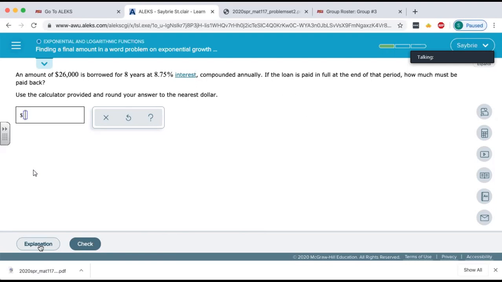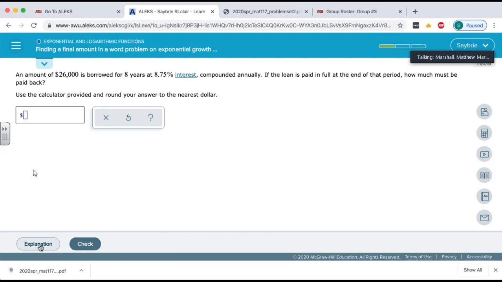So maybe you don't change that to a decimal. Maybe you leave that .875. No, that's not right. I got a small number. You know what? Let's just check the explanation.